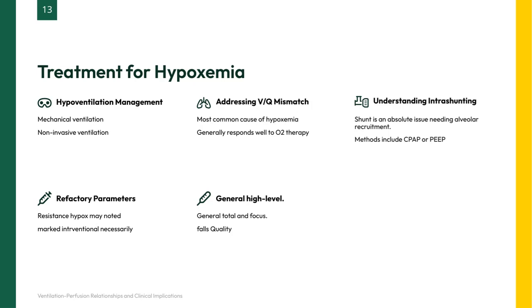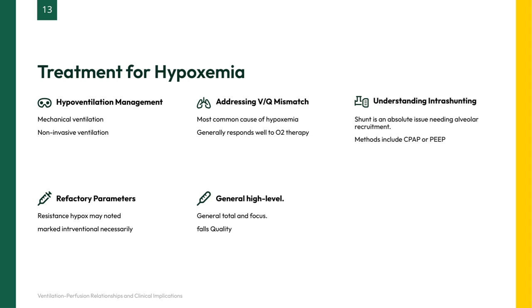When managing hypoxemia, we start by addressing hypoventilation, which often requires mechanical ventilation or non-invasive ventilation to improve oxygen intake. Next, we look at ventilation-perfusion mismatch, which is actually the most common cause of hypoxemia and typically responds well to oxygen therapy. Then, we consider intrapulmonary shunting, which is a more serious condition where blood bypasses oxygenation in the lungs.